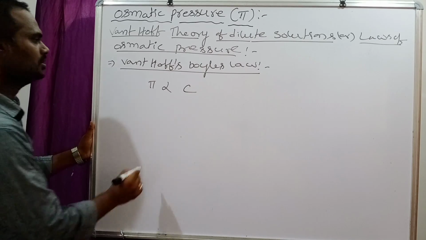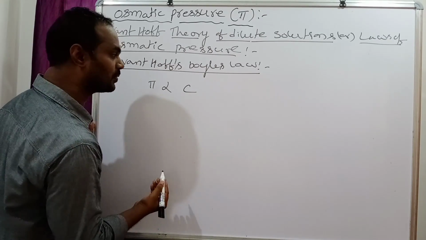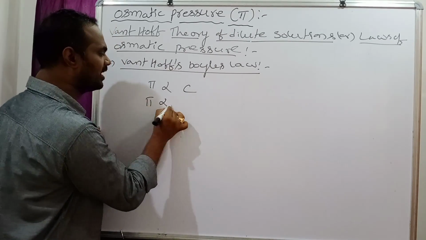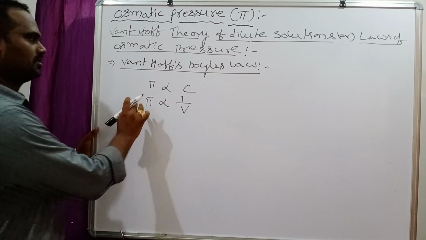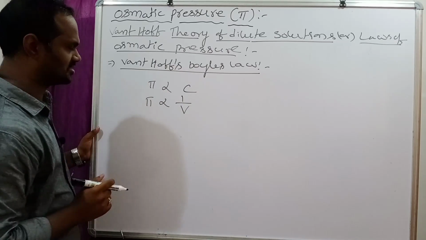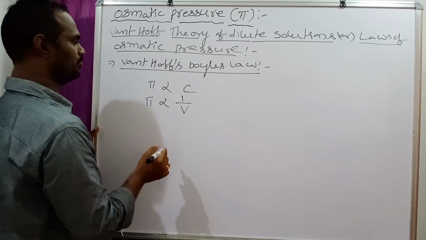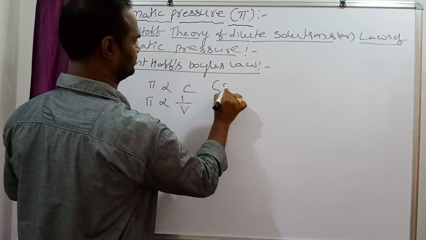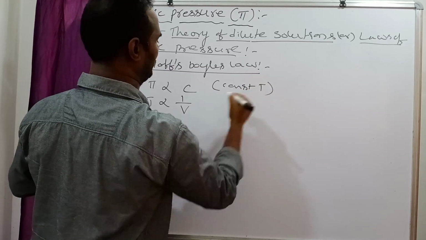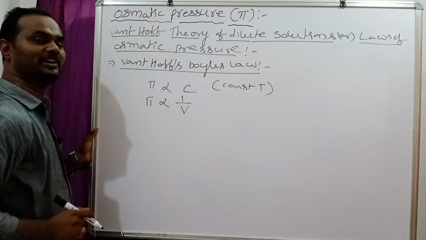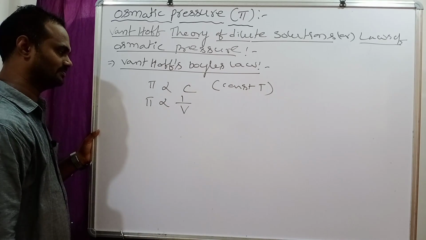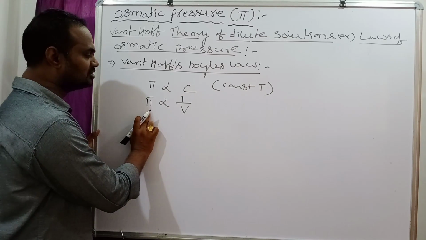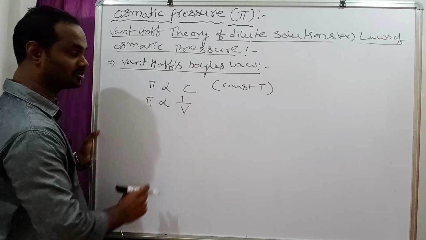Concentration is inversely proportional to volume, so pi is proportional to 1 by V. According to van't Hoff's Boyle's law, at constant temperature, osmotic pressure of the solution is directly proportional to concentration, or inversely proportional to volume.